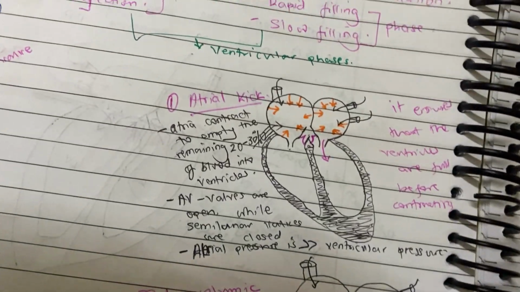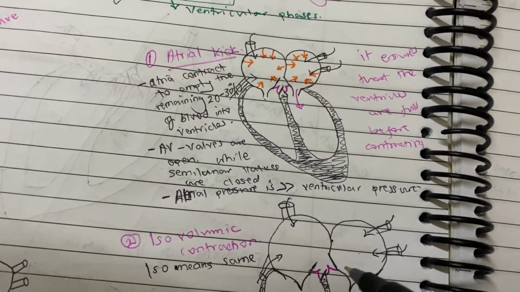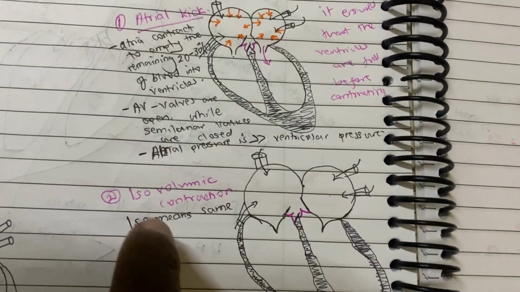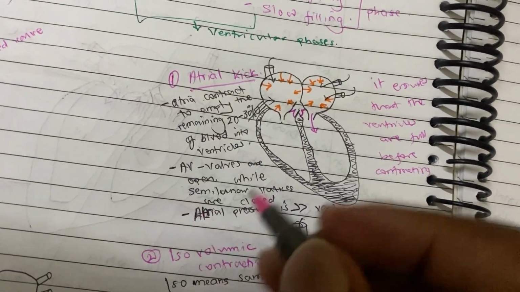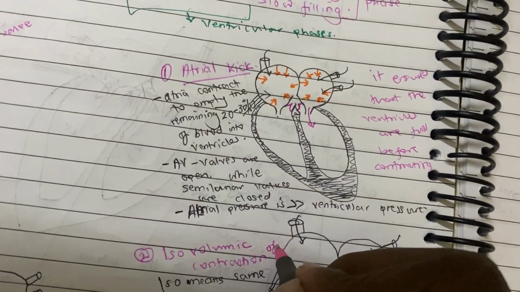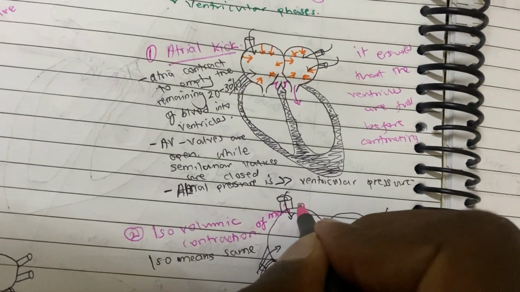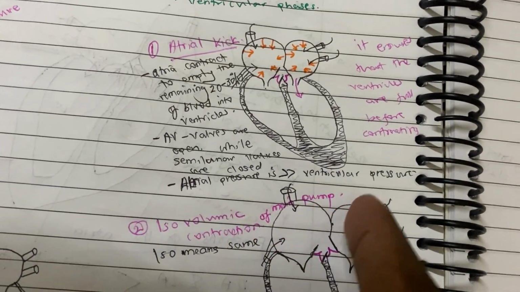If you see these atria, these are smaller than this. So at phase 2, isovolumic contraction of the ventricles, the main pump.